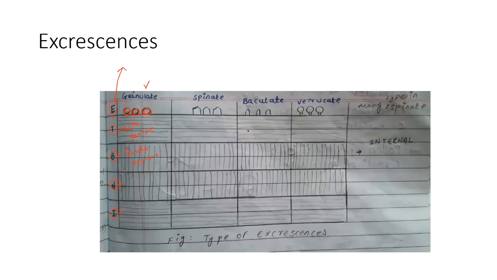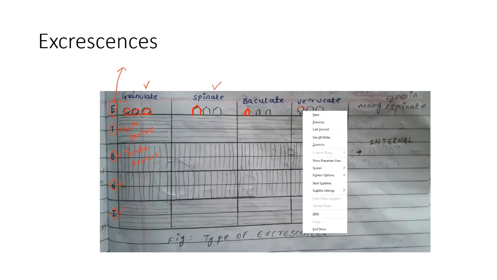The second one is the most common type, spinate, where the excrescences are present in the form of spines. Hibiscus pollen grain, the most common pollen grain, will show this type of excrescence. And spinate is basically very common in those which are insect pollinated flowers.